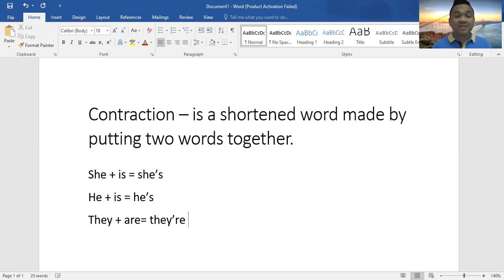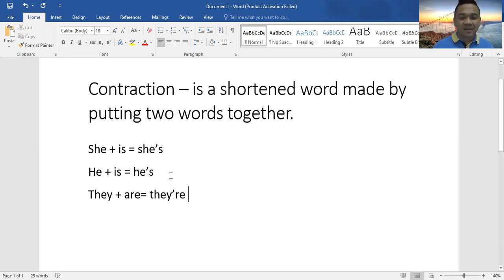Also, please take note that a contraction can also be formed with the negative form, which means there is the word not. Say, for example, can plus not is equal to, can you guess?